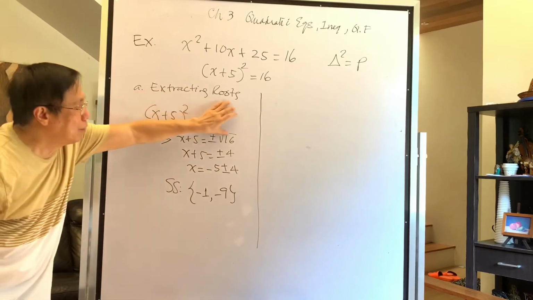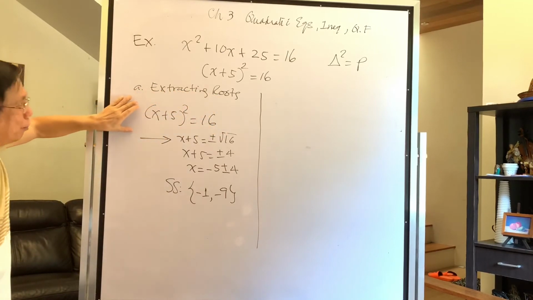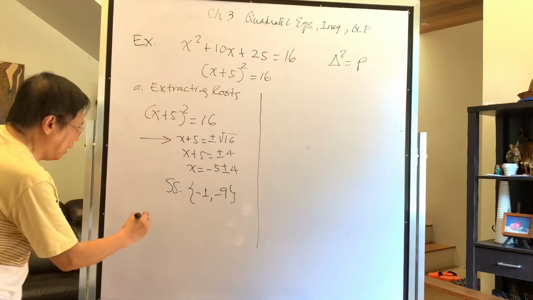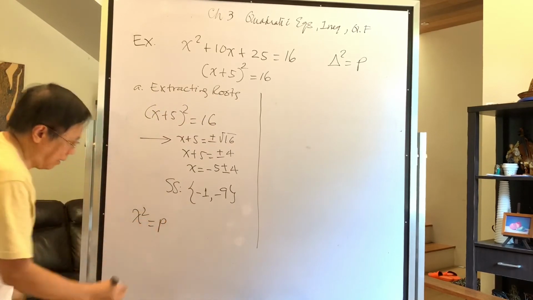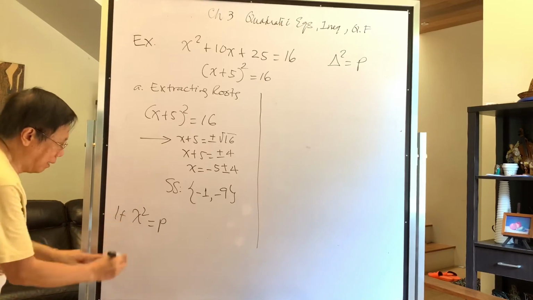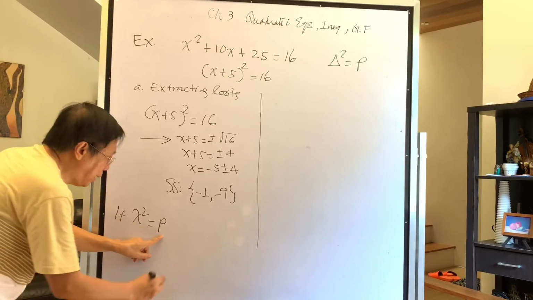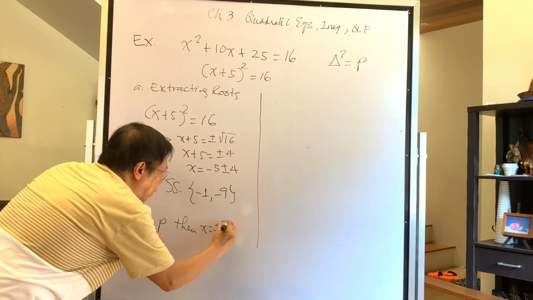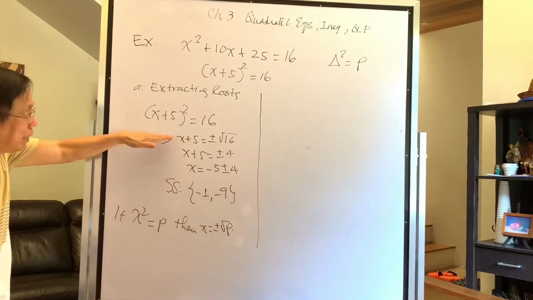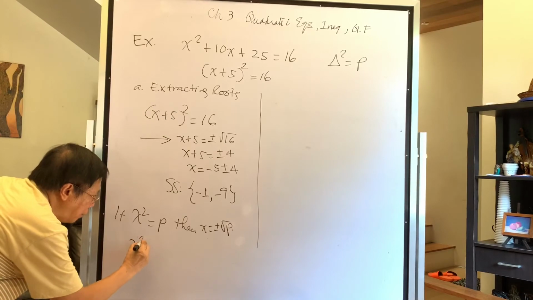Remember this form? Don't forget it. Once you have arrived at this form, then you can use the square root property, like we had. If x squared equals p, then x equals plus or minus the square root of p. What we did here is, I wrote it in a different manner.